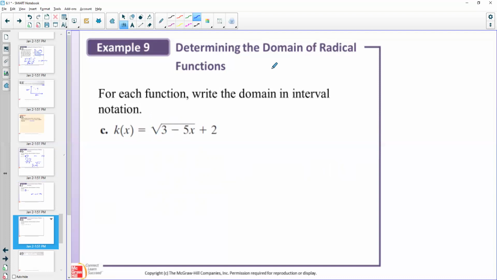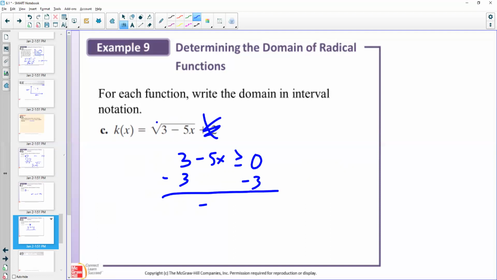All right, this one is weird, right? What really matters is what's under the radical, so I'm not even going to worry about this 2 at the moment. This is an even root, so I know what's under it has to be greater than or equal to 0. So I'm going to solve for x. I get negative 5x is greater than or equal to negative 3.